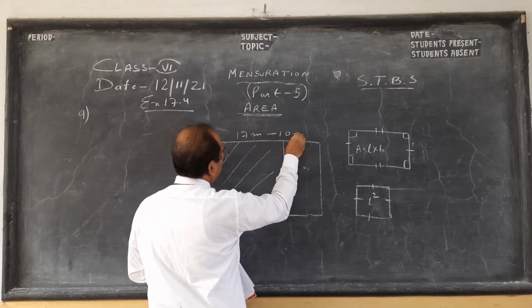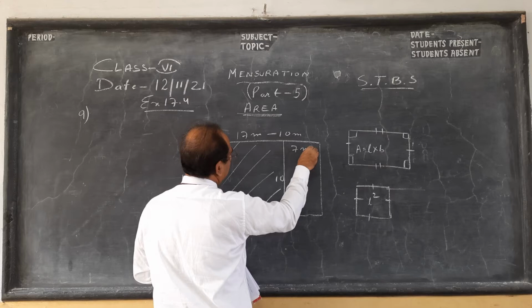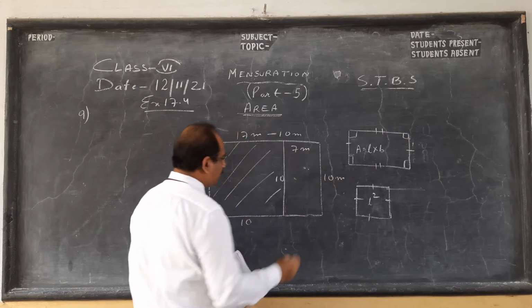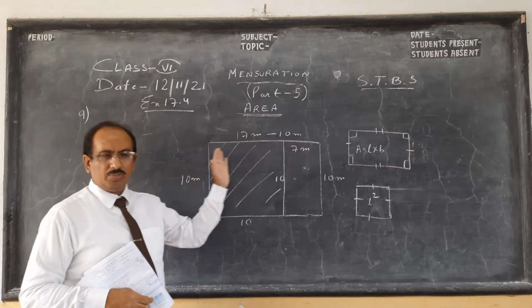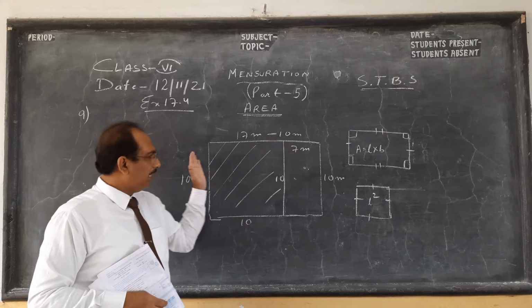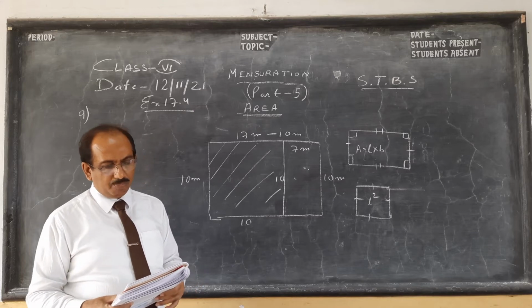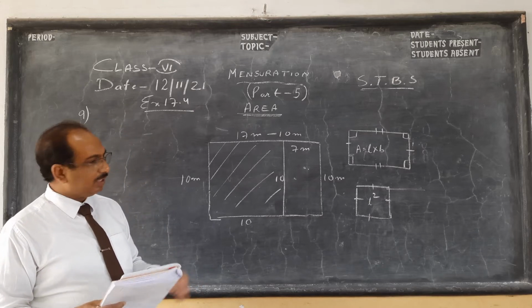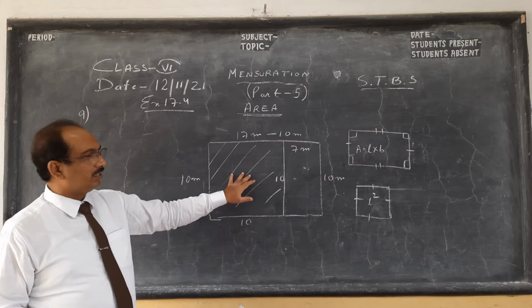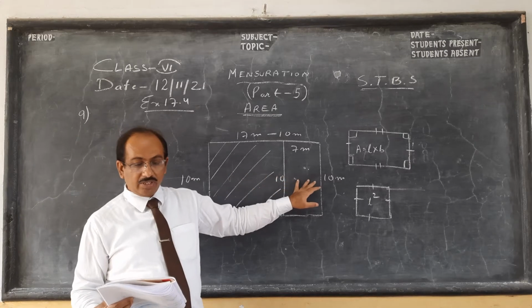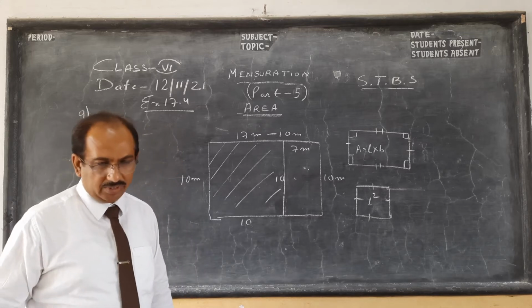Means 17 minus 10, this distance is 7 meter and this is still 10 meters. Once more, the room is 17 meter long and 10 meter broad. There is a square carpet of side 10 meter. We have to find the area of the floor which remains bare, uncovered.